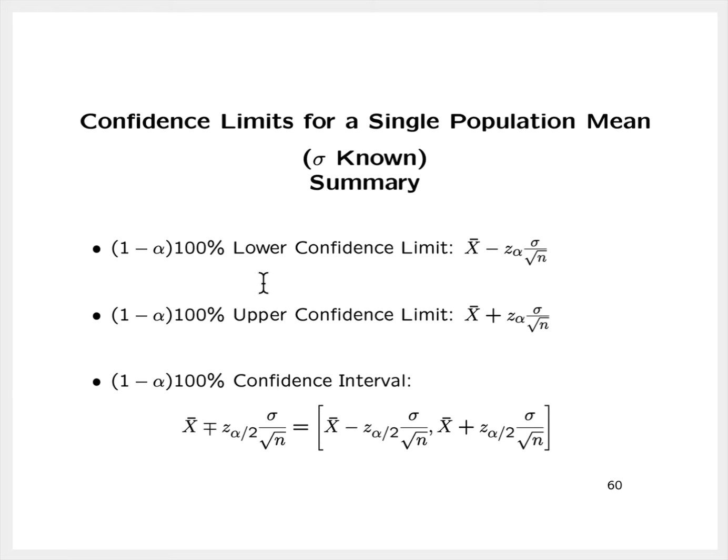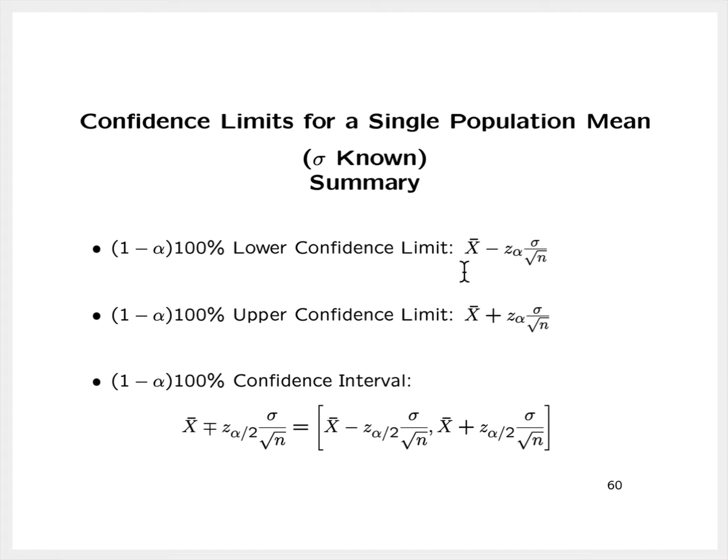The 1 minus alpha times 100% lower confidence limit for mu is x bar minus z sub alpha times the standard error of x bar. The 1 minus alpha times 100% upper confidence limit for mu is x bar plus z sub alpha times the standard error of x bar.